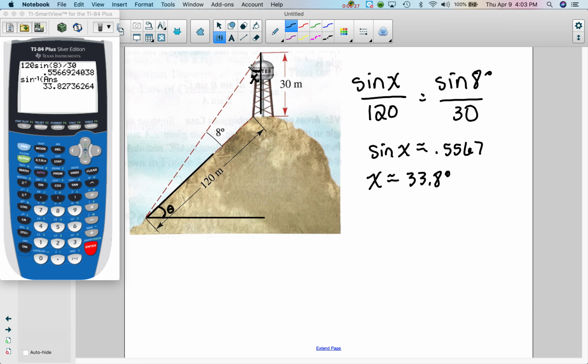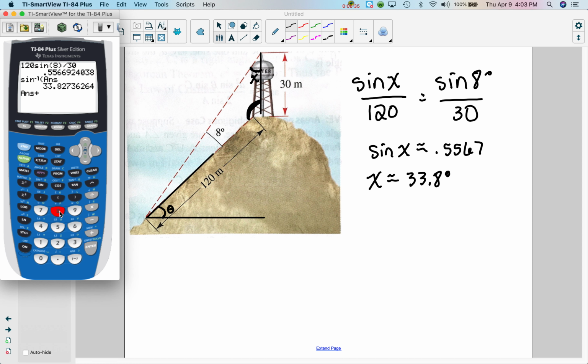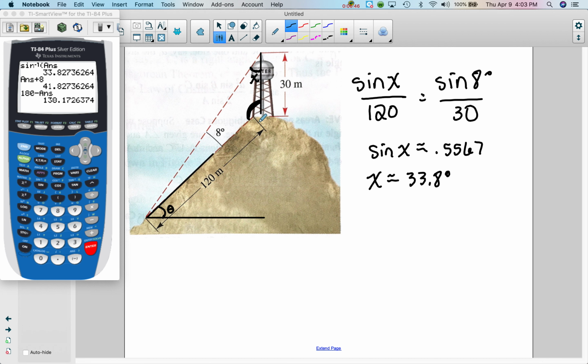Now that I know that and that, I can find this angle right here. If I take 33.8 plus 8, and I do 180 minus that, I get that this angle here is about 138.2 degrees.